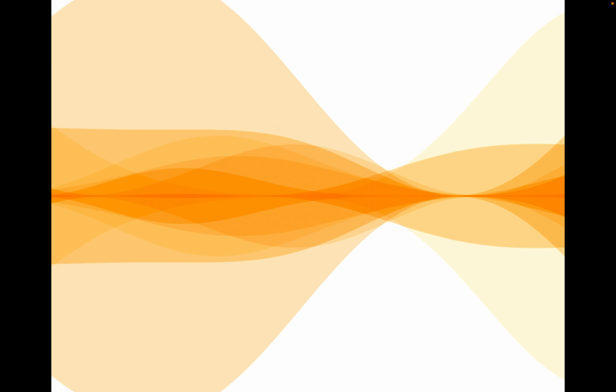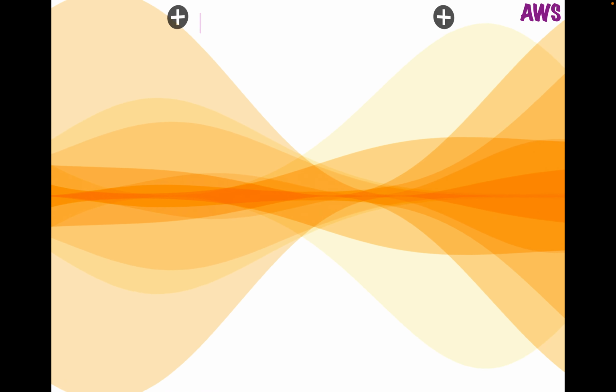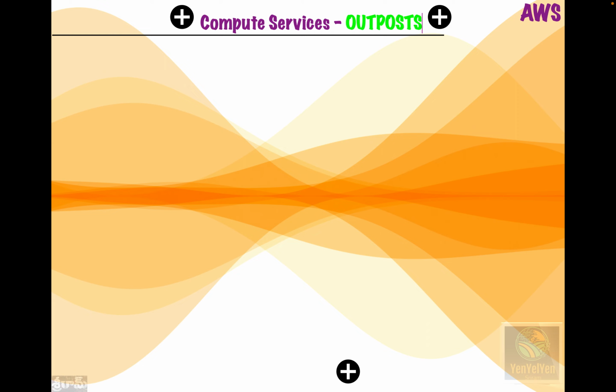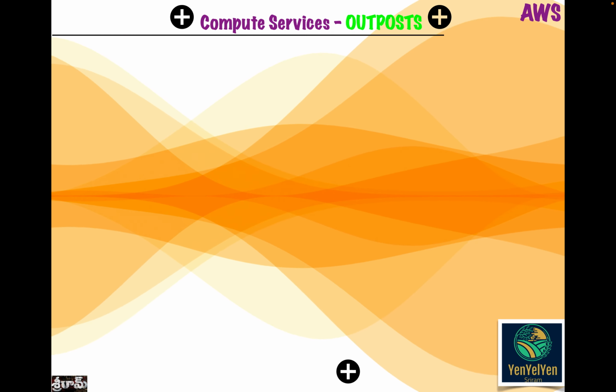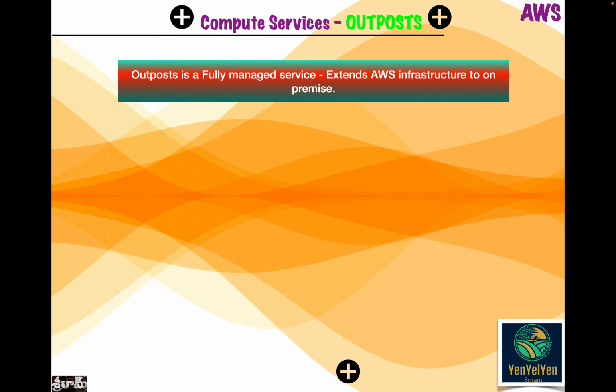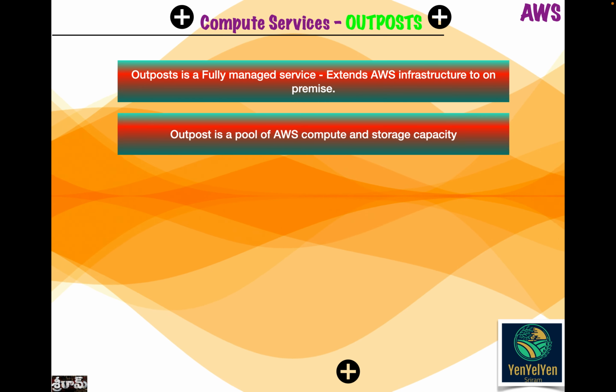Next compute service available is Outpost. Outpost is a fully managed service that extends AWS infrastructure, services, APIs, and tools to customer on-premises data centers.